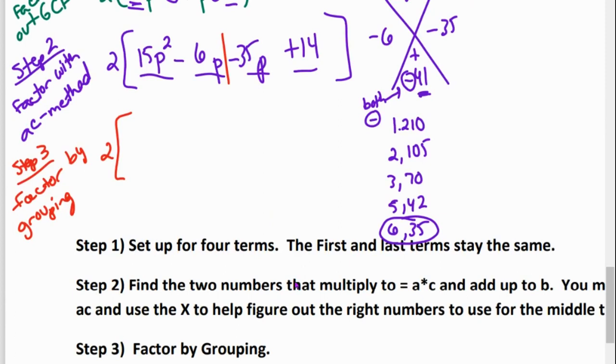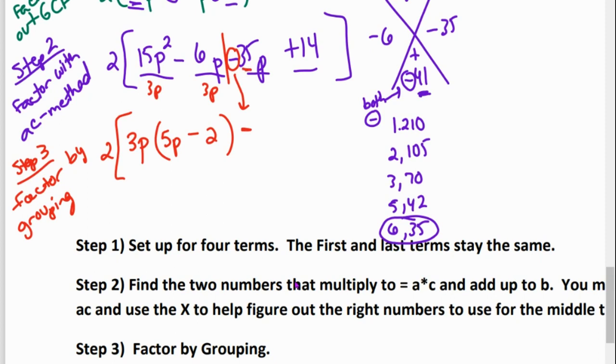The greatest common factor between the 15 and the 6, 3. P squared and P. The greatest common factor is just P to the first. So then divide both of those by the 3P, and we get 5P minus 2. That third sign is brought down.